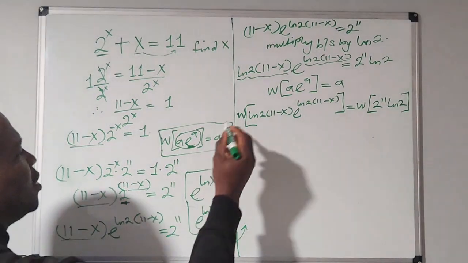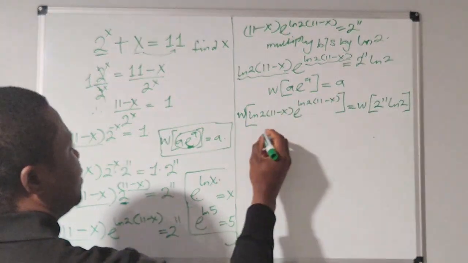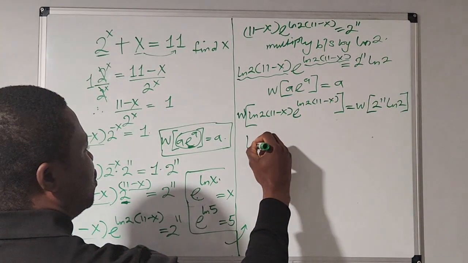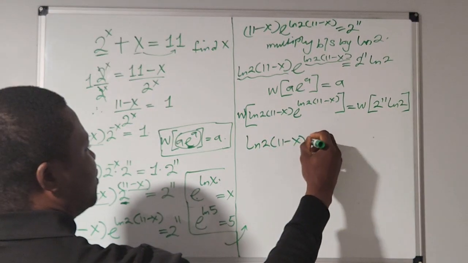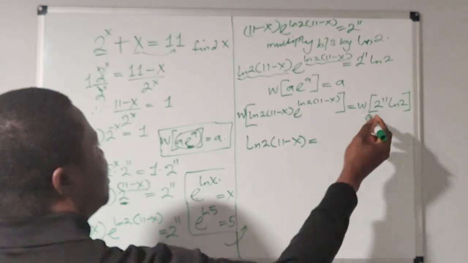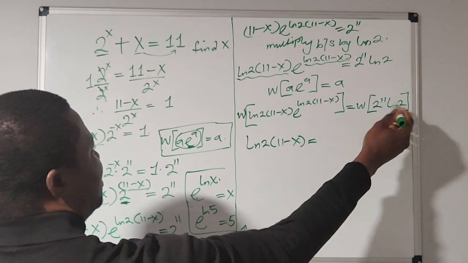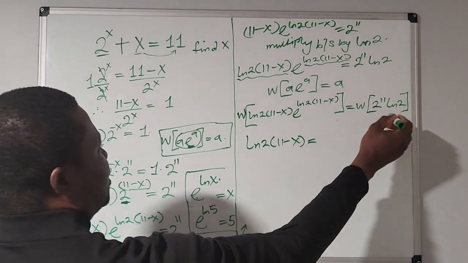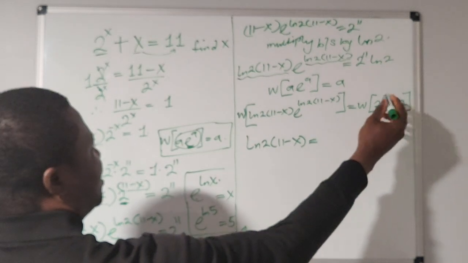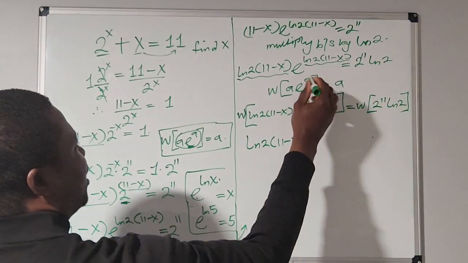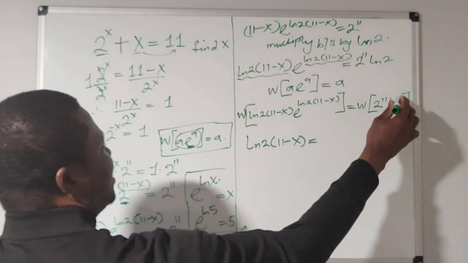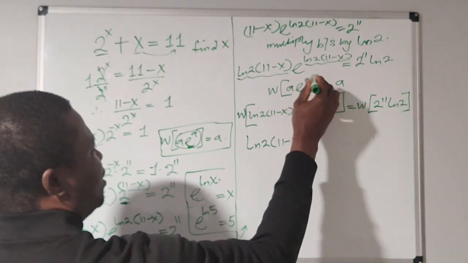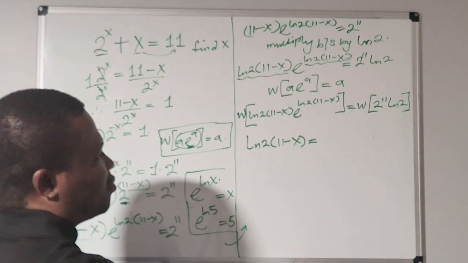Okay, so from the rule, this becomes ln(2^(11−x)). Now we can't just write anything on this side, because what we have in this parenthesis here is not looking like what we have here.